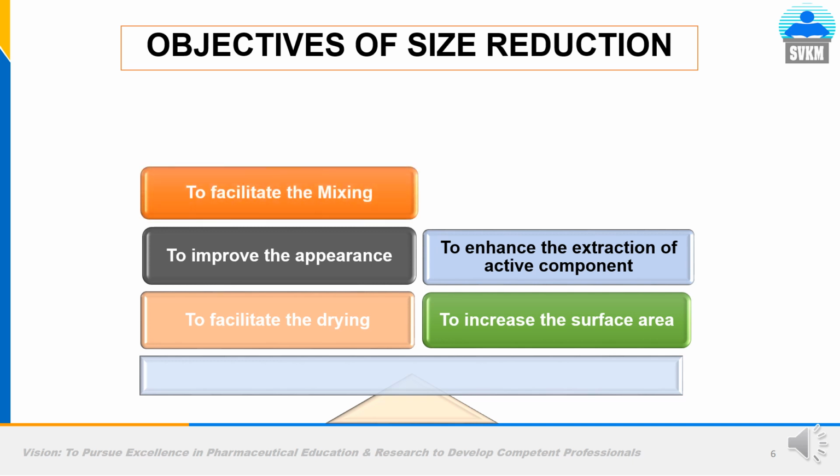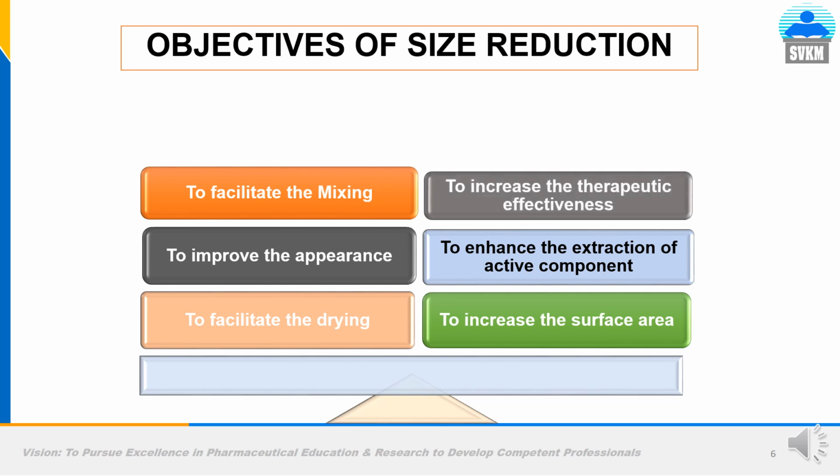Next objective, to facilitate mixing. Mixing of different ingredients can be effective if the particle size is uniform and small. Size reduction ensures this, so after size reduction, proper mixing will take place.